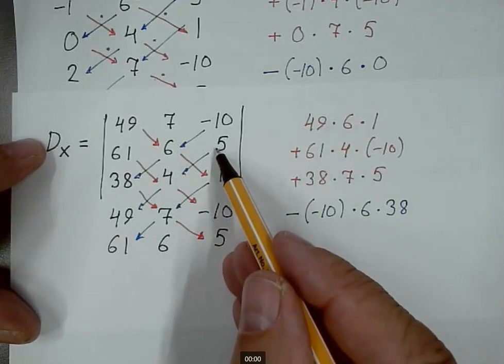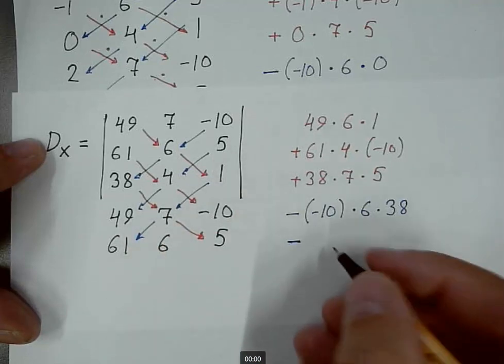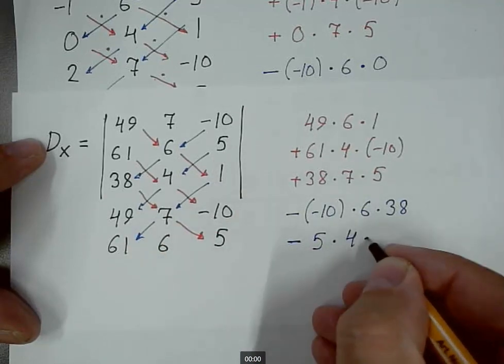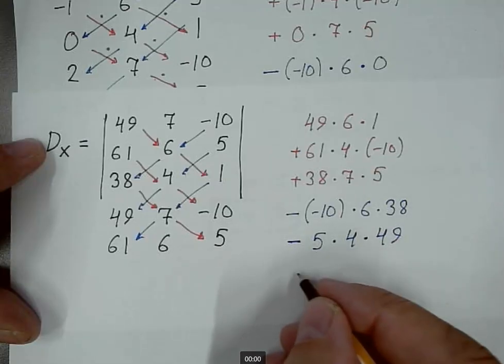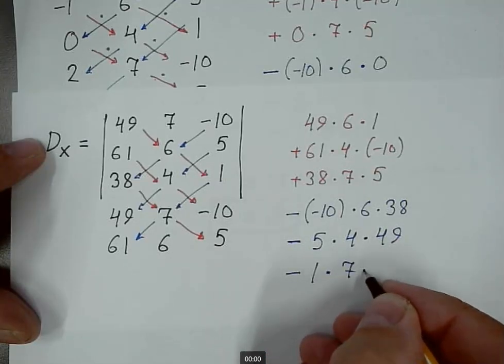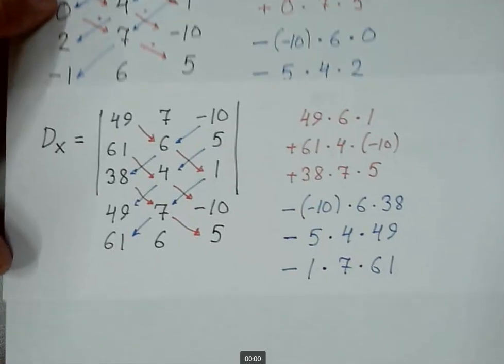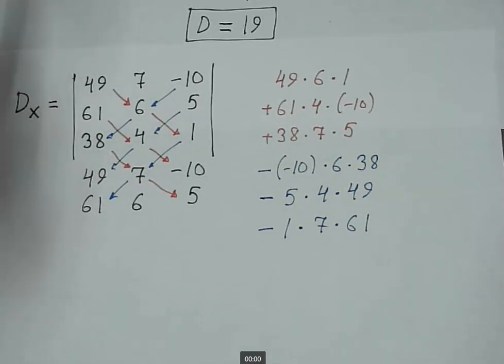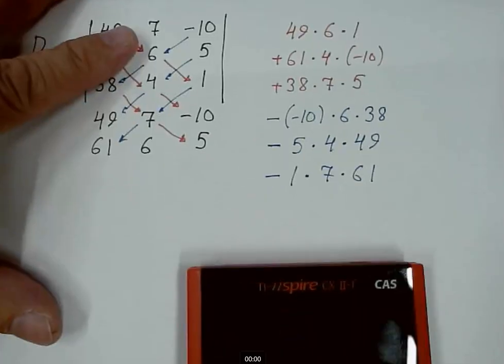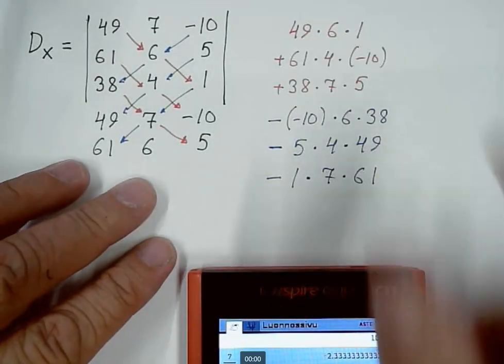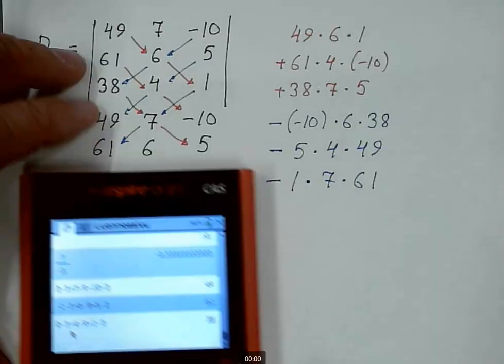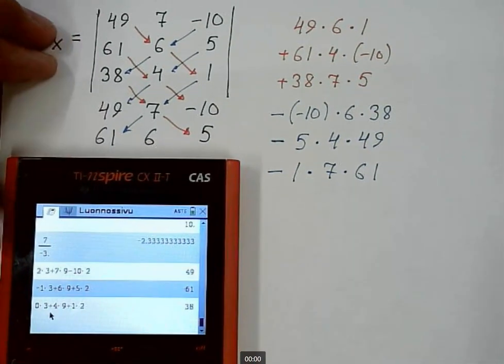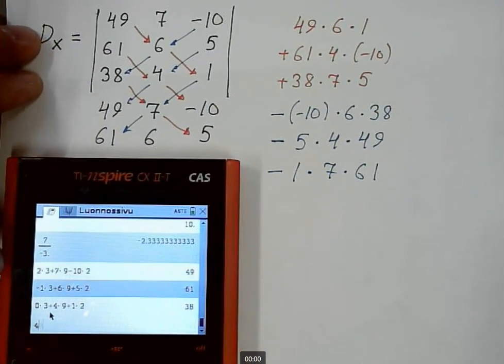So the next row, this will be minus 5 times 4 times 49 minus 1 times 7 times 61. So this is very mechanical way to solve the value of determinant. And now my calculator will find out the value of that multiplication monster.